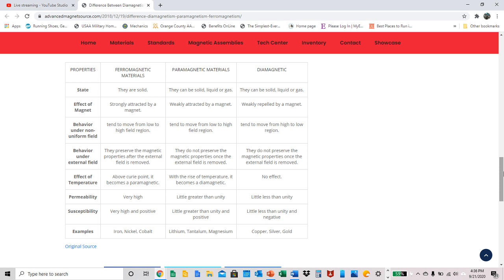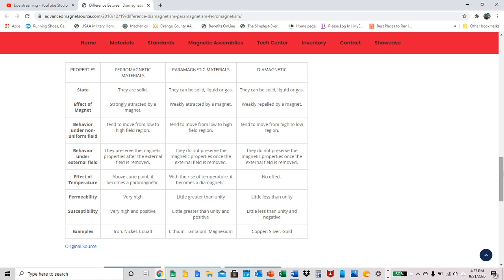Ferromagnetic effect of a magnet. Ferromagnetic materials are strongly attracted by a magnet. Paramagnetic is weakly attracted to a magnet and diamagnetic is weakly repelled by a magnet. Then we also have ferromagnetic materials behavior under non-uniform field. Under a non-uniform magnetic field, ferromagnetic materials tend to move from low to high field regions.